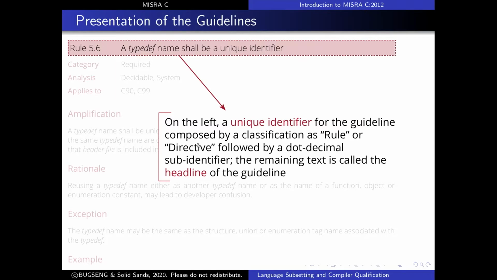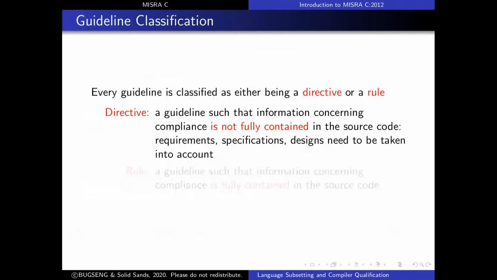We'll see the difference in a minute. And then a number that together with this classification constitutes a unique identifier. And to the right of this unique identifier, there is a short sentence, which is called the headline of the guideline.